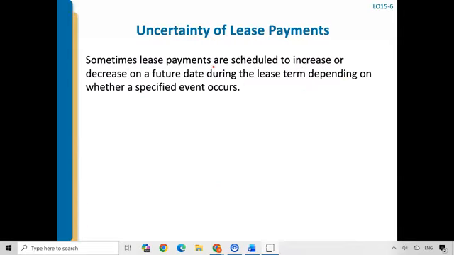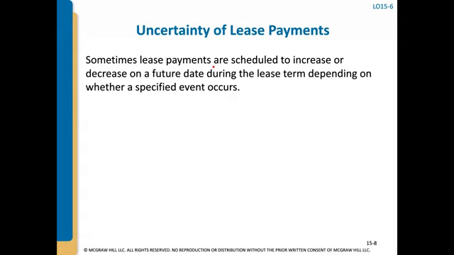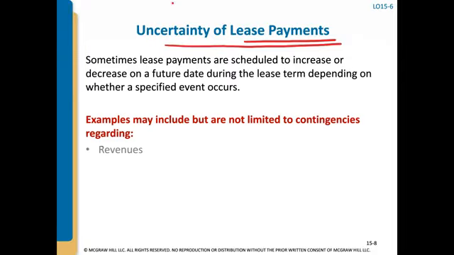So far, we've discussed uncertainty in lease terms, right, how long the lease is for. Sometimes there's also uncertainty in the amount of the lease payment, right? Because of the way the lease is written up, the lease payments can increase or decrease in the future depending on whether a specified event occurs.